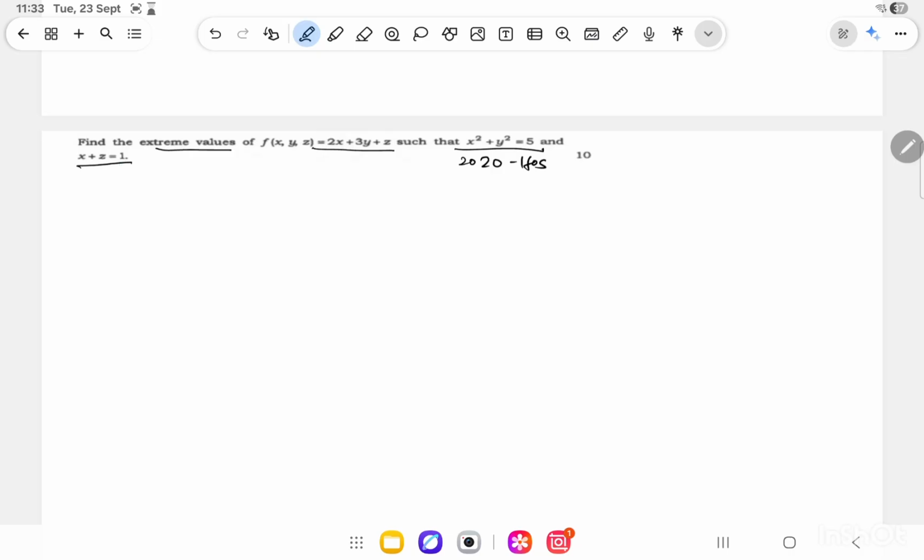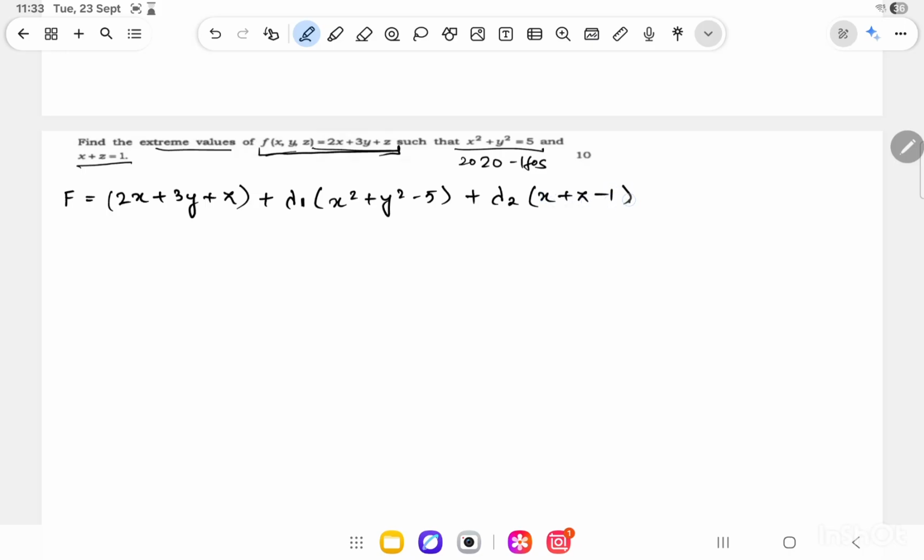So let us write the function capital F. That will be 2x plus 3y plus z, the function whose value we are supposed to maximize or minimize, subject to condition 1, that is x square plus y square minus 5, plus condition 2, that is x plus z minus 1.